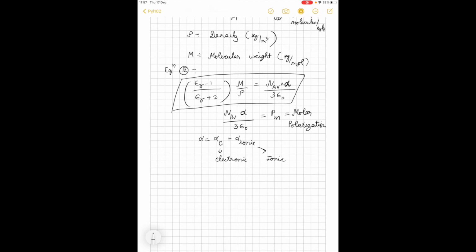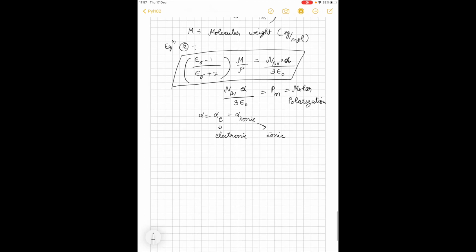Okay, so the topic I'm going to introduce now, which is more theoretical than the quantities and equations we have introduced till now, is called polarization mechanisms.